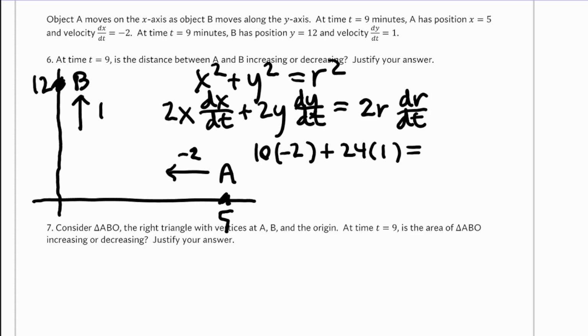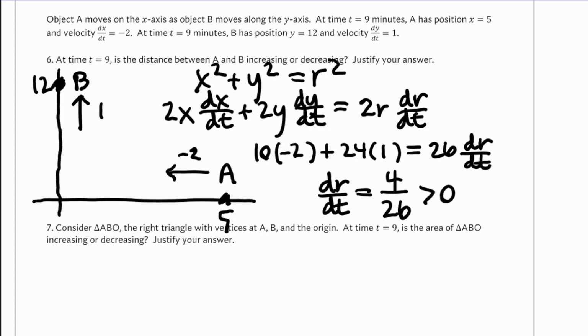Now if x is 5 and y is 12, r is going to be 13, so 2r would be 26 times dr dt. Okay, so if I've got -20 plus 24, I can solve for dr dt, and that would be positive 4 over 26, which is greater than 0. So I would say the distance between A and B is increasing.